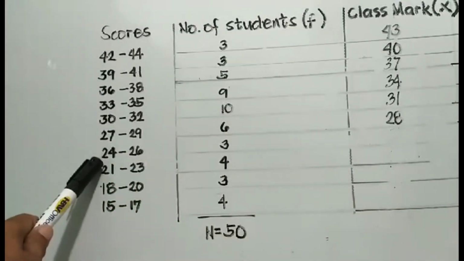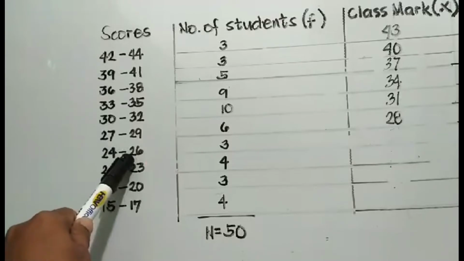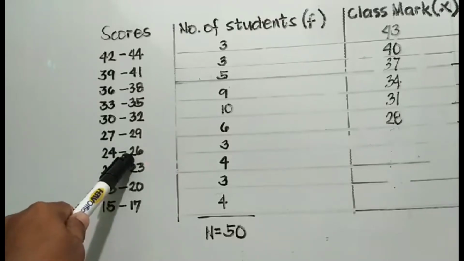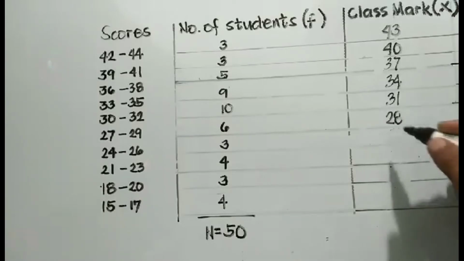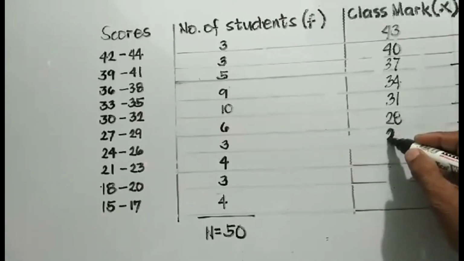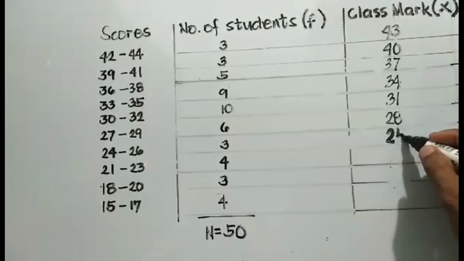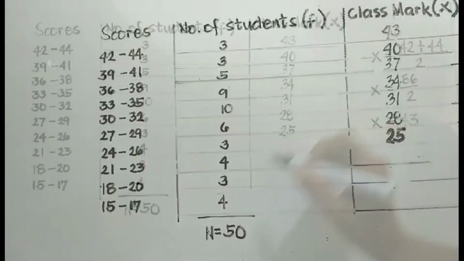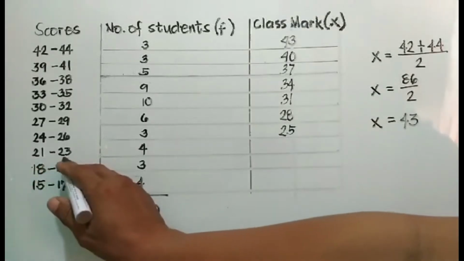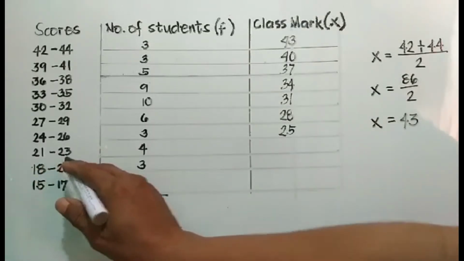Dito sa 24 plus 26 equals 50. Divided by 2 equals 25. Lagyan natin dito 25. 21 plus 23 ilan? 44.